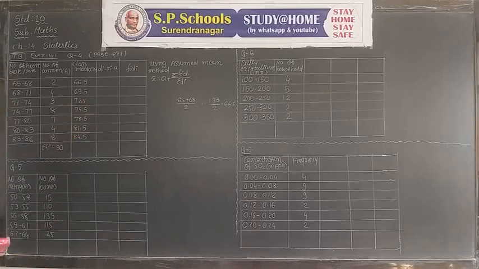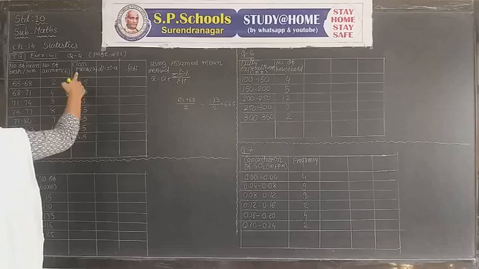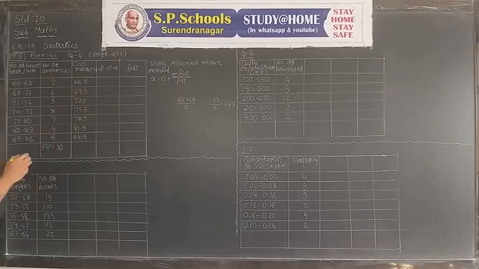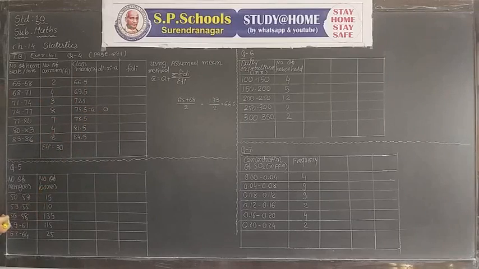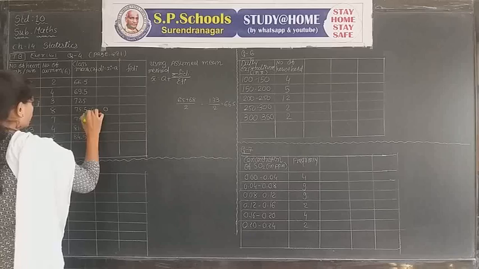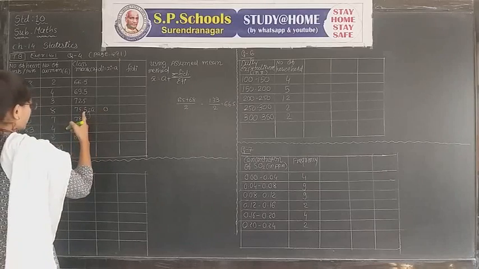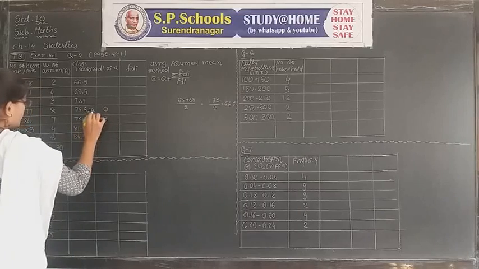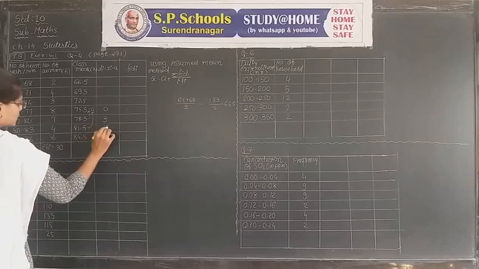Now the di is here. To find di, first of all assume a from the class marks. Suppose 75.5 is our a. In front of a, di is 0. Now we have to subtract a from xi: 78.5 minus 75.5 gives us 3. 81.5 minus 75.5 is 6.